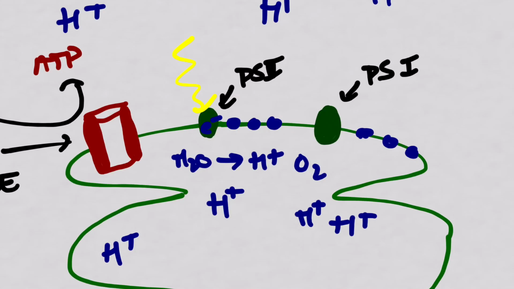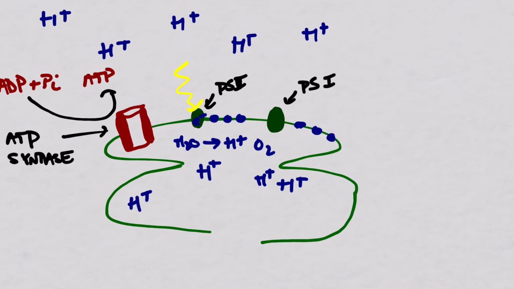Now, the useful cellular work that this electron does as it moves through this first photosystem is that it pumps hydrogen ions back into the cell. This is not a cell, sorry, into the thylakoid membrane system.